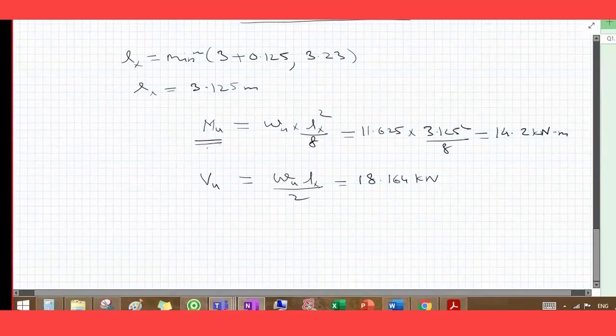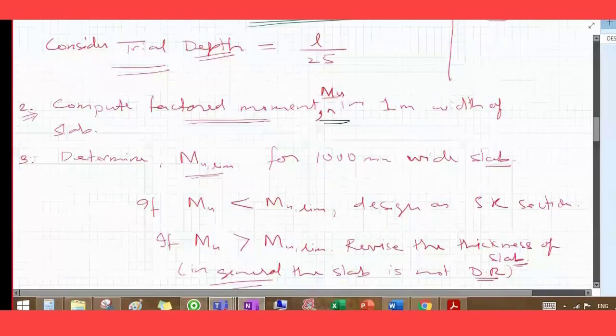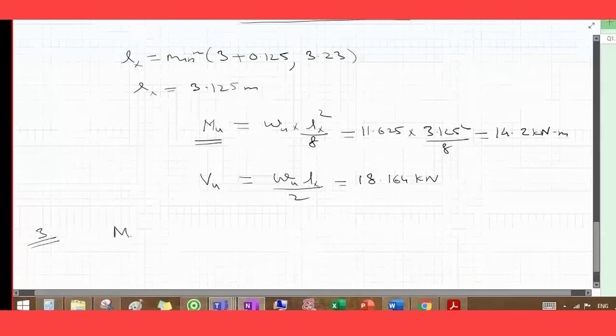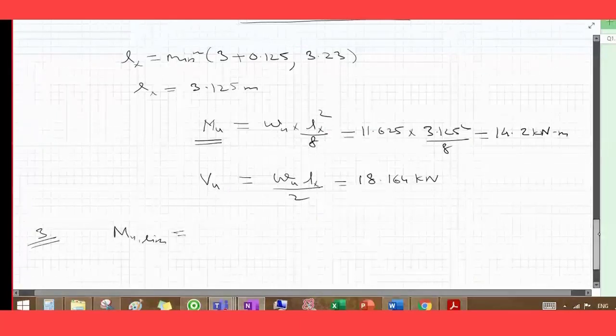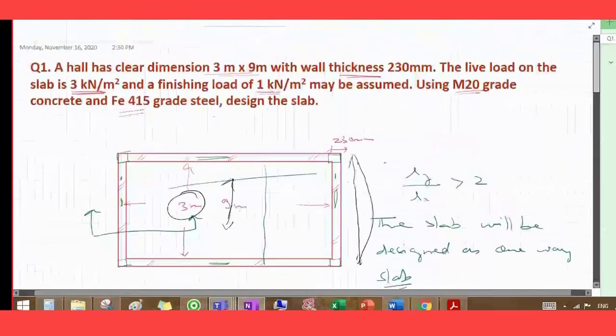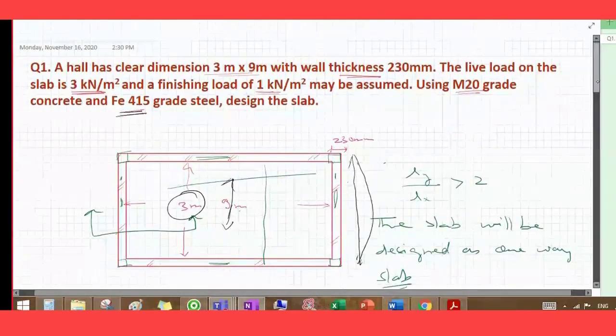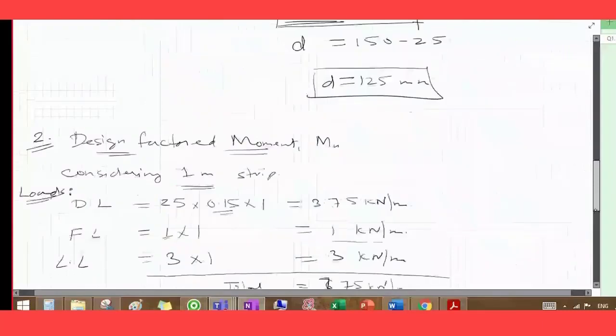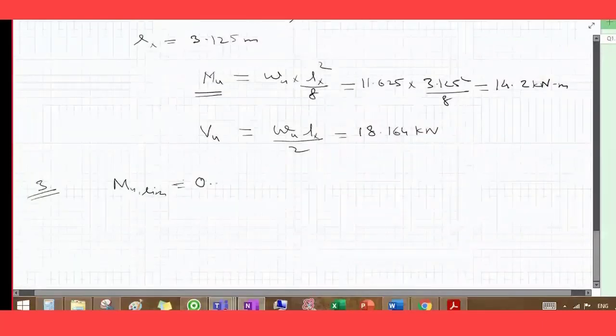Next, I have already computed Mu. If you remember the next step, you have to compute Mu lim. We are using Fe415 steel. For Fe415 steel, by now you know the standard formula: 0.138 FCK BD square.